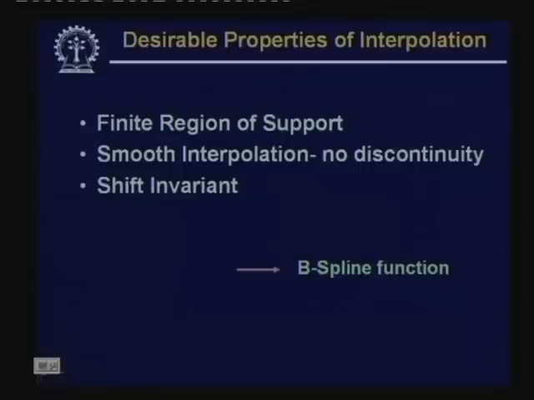Whenever we go for interpolation, we have to make use of certain interpolation functions, and the interpolation function should satisfy certain conditions. The first condition is that the interpolation function should have a finite region of support. That means, when we do the interpolation, we should not consider the sample values from minus infinity to plus infinity.